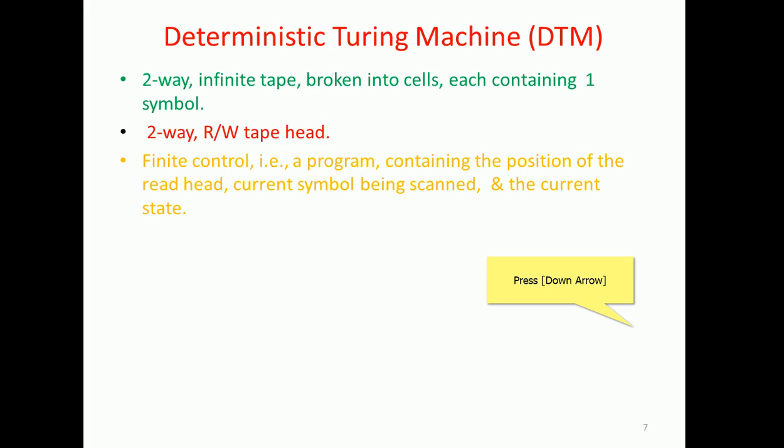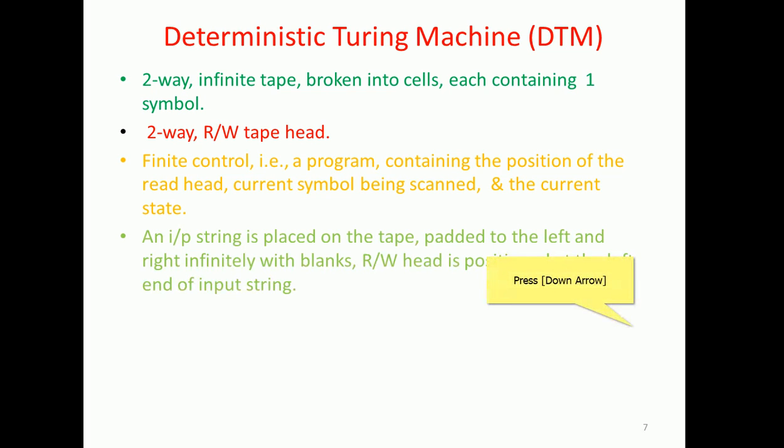So the transition happens as delta of current state and current input, which we have seen in various dimensions while discussing finite automata. The current input is scanned and examined, then the finite control decides to go to the next state.